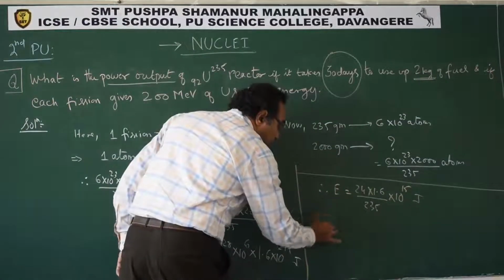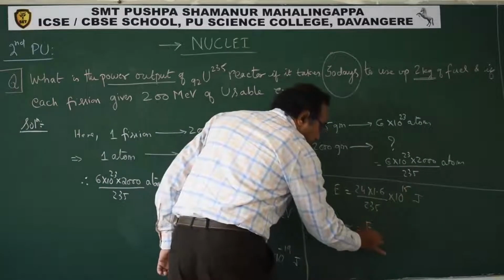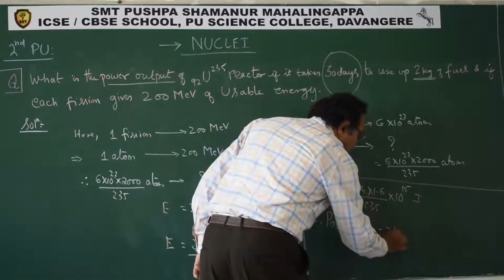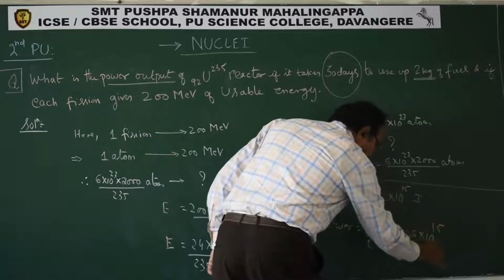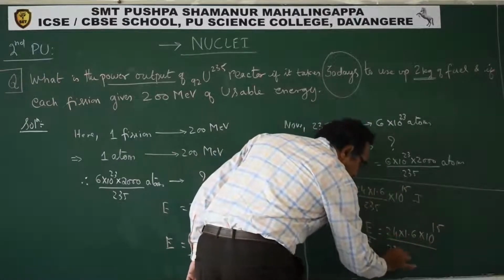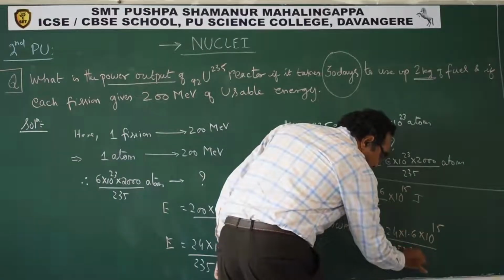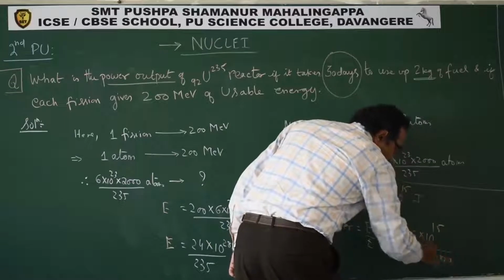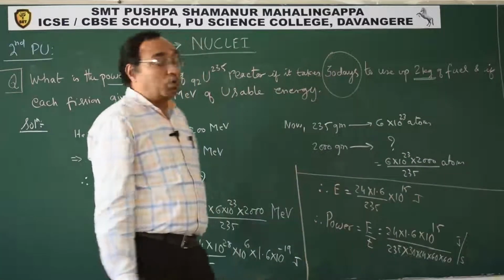Therefore, power is energy by time. So that gives us 24 into 1.6 into 10 power 15 upon 235. Time is 30 days. So 30, 1 day, 24 hours into 60 into 60. This gives us joule per second, which is nothing but watts.